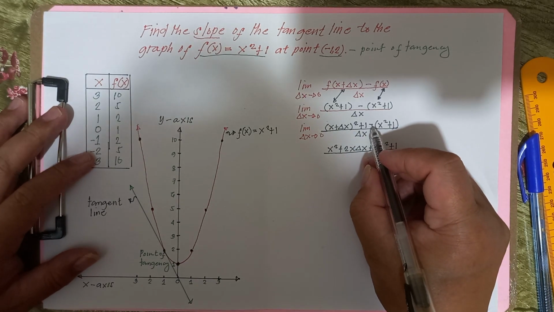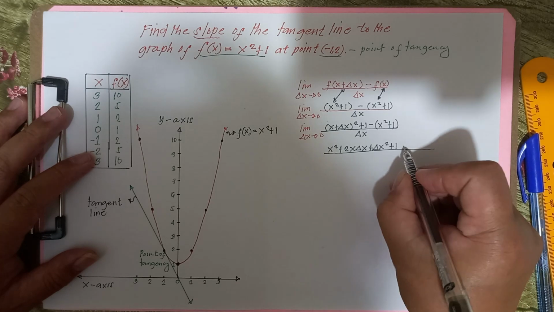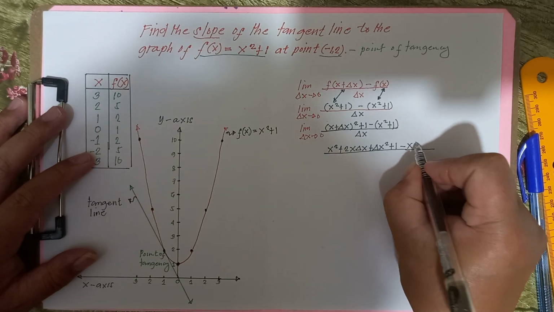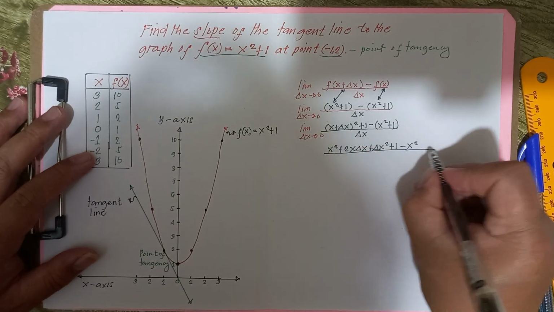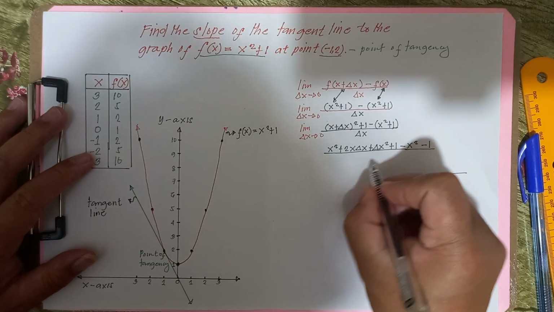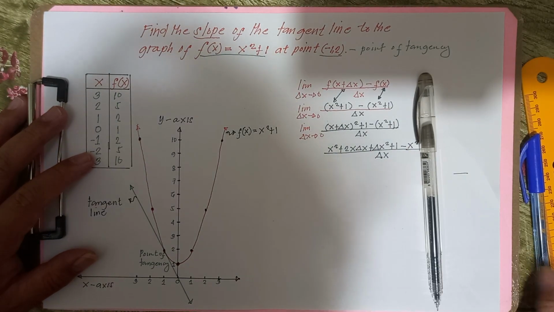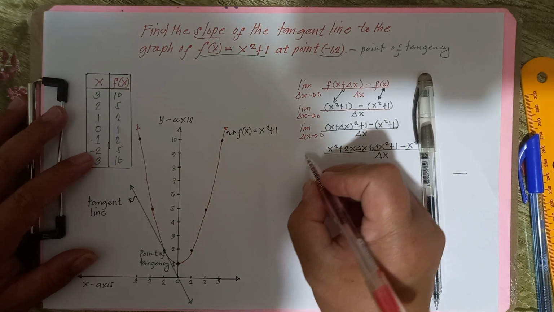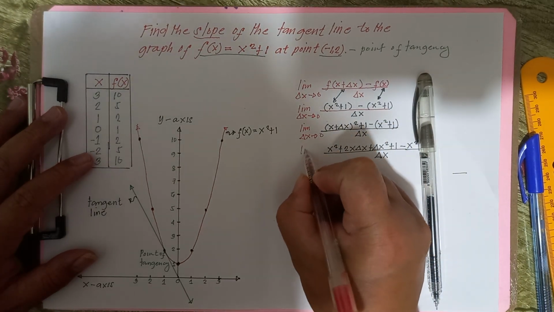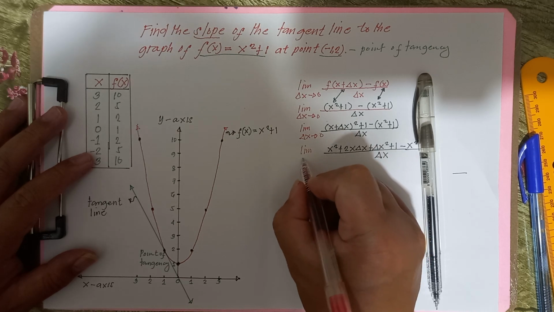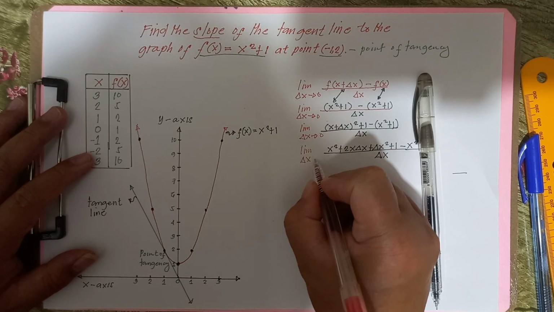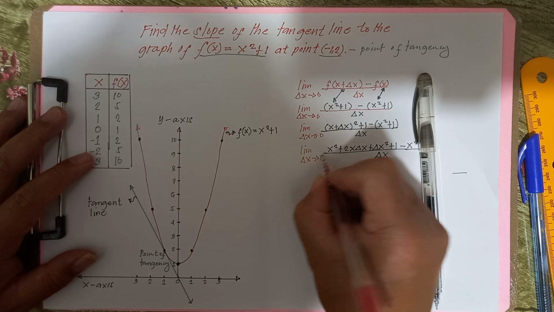Now, what about this one? Distribute, so it will give you negative x raised to 2, negative 1. Definitely that is over change of x. And of course, we are still having the limit notation in here, limit of the function as your change of x is approaching 0.